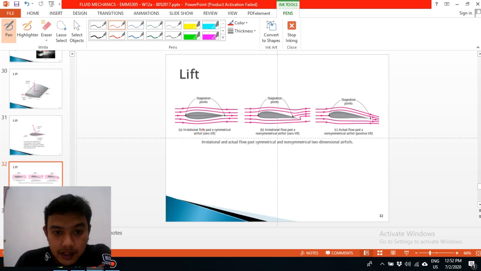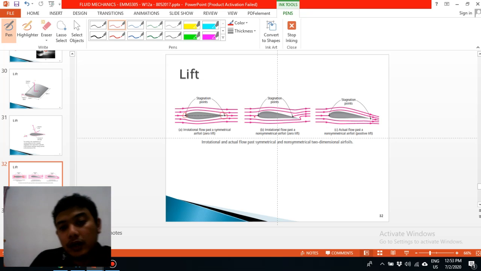The first is irrotational flow past a symmetric airfoil, so zero lift. Because this airfoil is symmetric, we notice that there are two stagnation points, at the beginning and also at the end. So it produces zero lift.